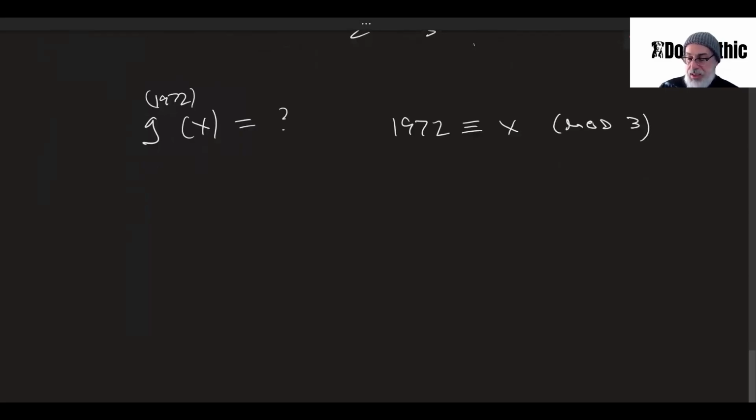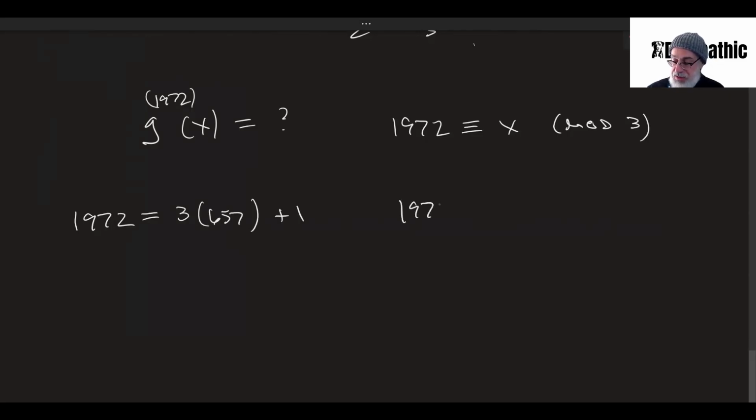I'm just going to write it as a division problem, meaning I can write 1972 as 3 times something plus some remainder, and the congruence will be the remainder. So what is this? I wrote it down because I didn't memorize it. 657 plus 1. The 1972 is congruent to 1 mod 3.